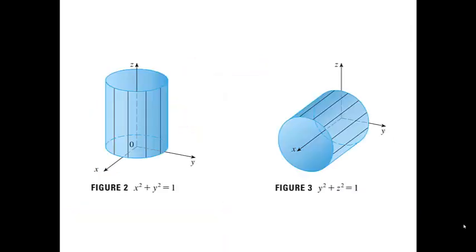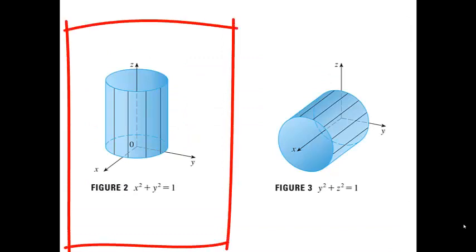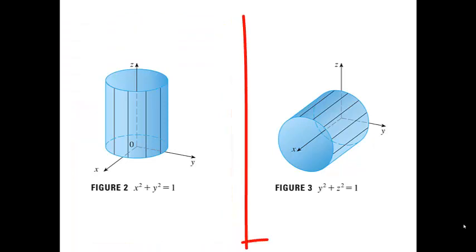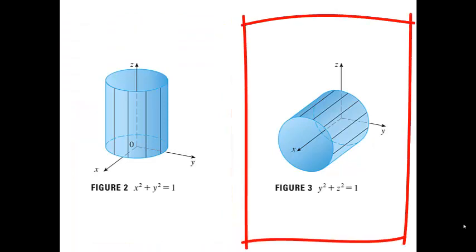Here are some more pictures of cylinders. The first is x squared plus y squared equals 1. You can see our unit circle sitting in the xy plane, and because z can be anything, that circle becomes a cylinder in R3. In figure 3, we have y squared plus z squared equals 1.